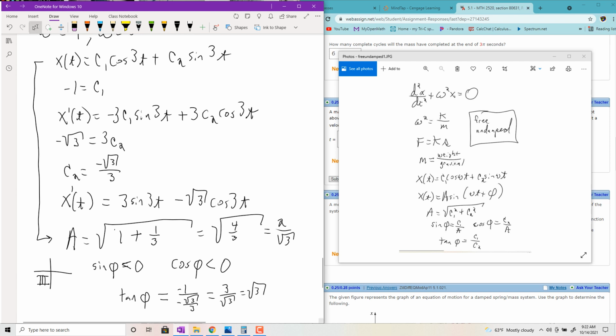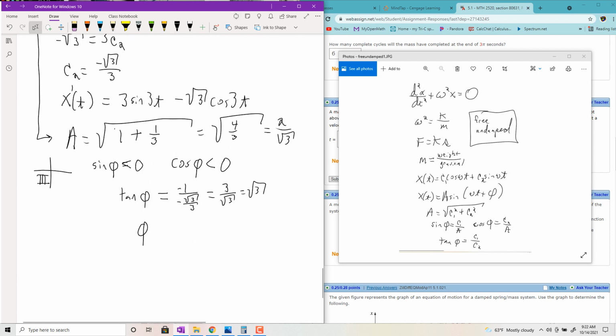Okay, that's a reference angle for tan, right? So what angle gives me root 3 in the first quadrant? So the reference angle would be, I guess, pi over 3. We need the particular phi that's in the third quadrant. So 1 pi over 3, 2 pi over 3, 3 pi over 3, we need 4 pi over 3.